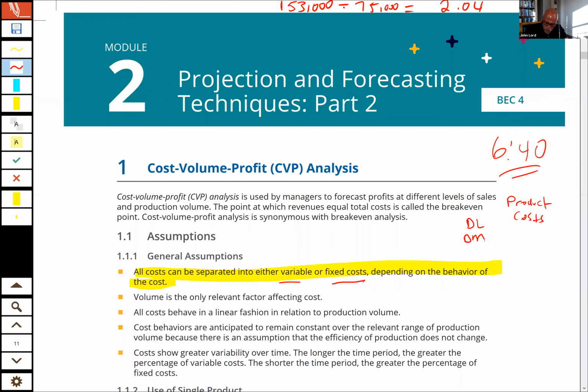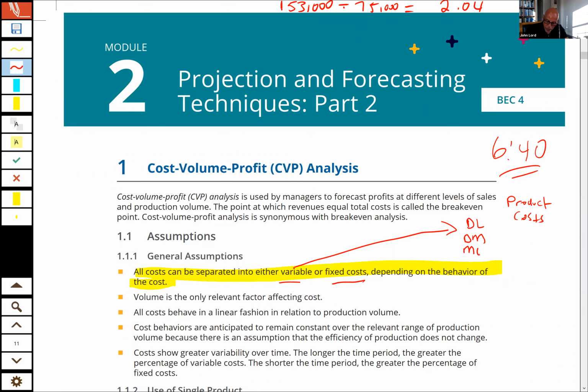Good, Matthew. Would you say those are variable or fixed? Those are variable. Good. Those are going to be variable because the more units you produce, the more labor, the more materials you'll need, at least direct. Okay, good. Then you said manufacturing overhead, right?